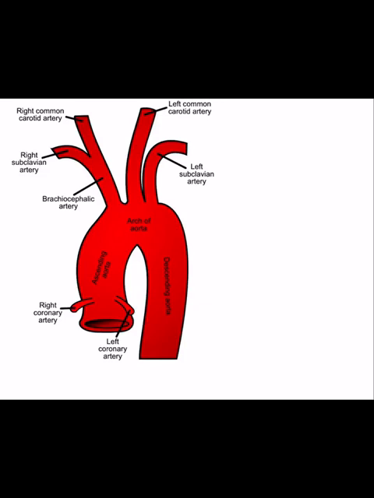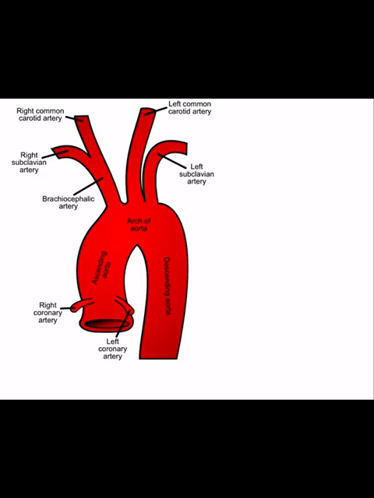You can make out that from arch of aorta the left subclavian artery is coming out, and the brachiocephalic artery is coming out, and from the brachiocephalic artery you are having right common carotid artery and right subclavian artery. So right common carotid artery is a branch of brachiocephalic artery, RBRAC, and the left common carotid artery is directly coming out from arch of aorta, as well as your left subclavian artery. So now it is clear.